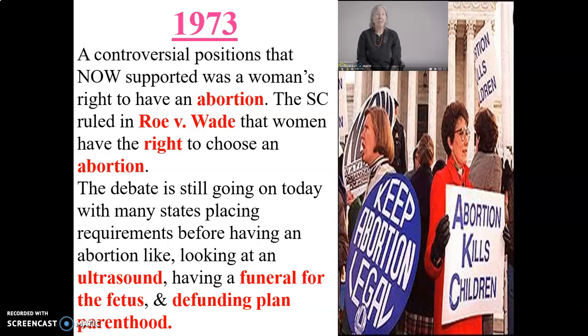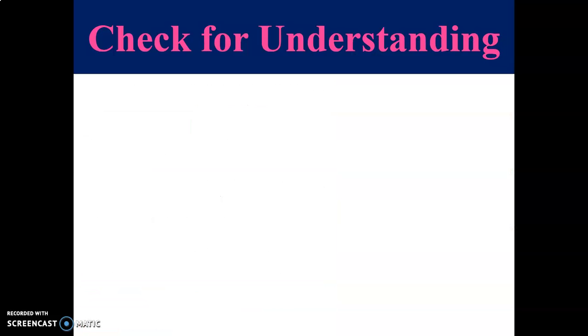Or if you do have an abortion in states like Mississippi or Georgia, you have to have a funeral for your fetus. And in many states in the South, they defunded Planned Parenthood. These are steps or laws that make it harder for women to have an abortion. Again, this topic is very controversial today.